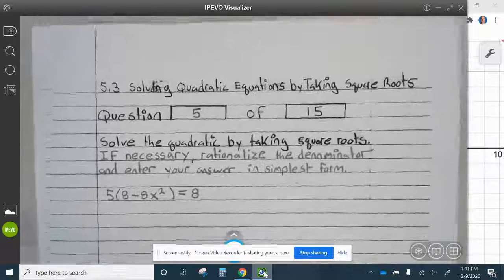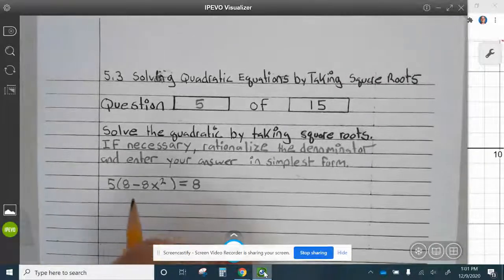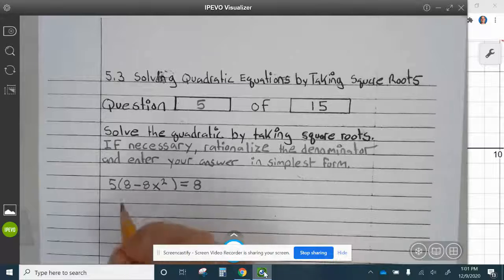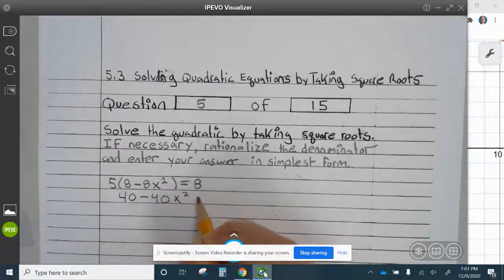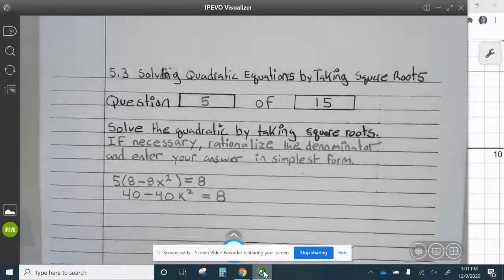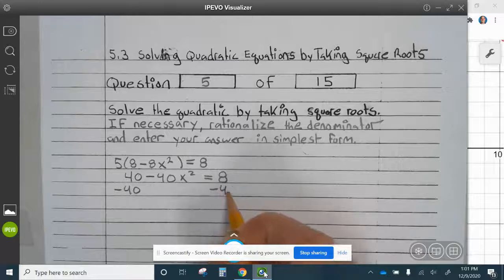All right, question 5. Solve the quadratic by taking square roots. If necessary, rationalize the denominator, enter the answer in simplest form. So first we need to distribute 5. So 5 times 8 minus 8x squared is 40 minus 40x squared equals 8. Okay, now we're going to subtract 40 from both sides.